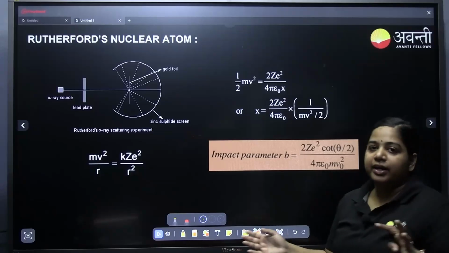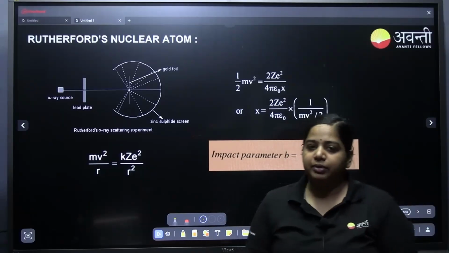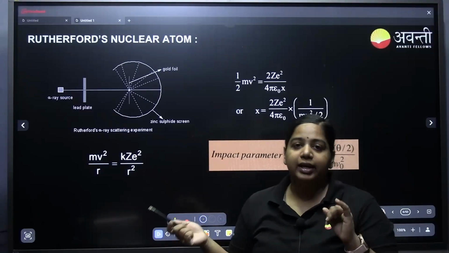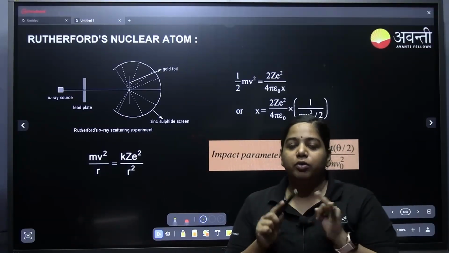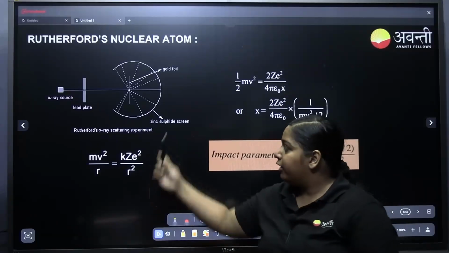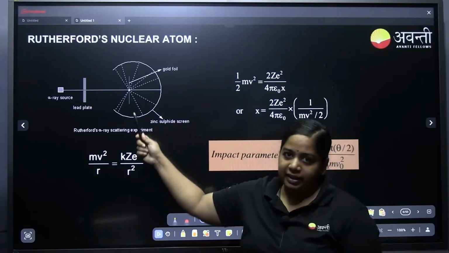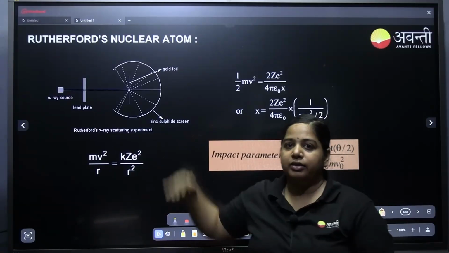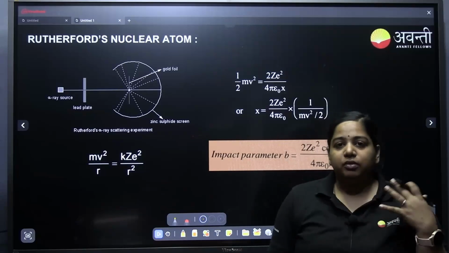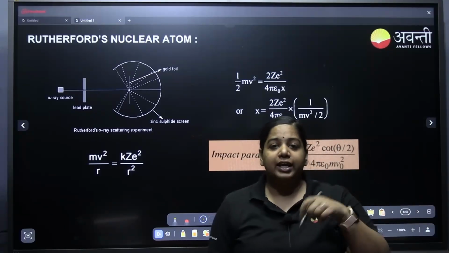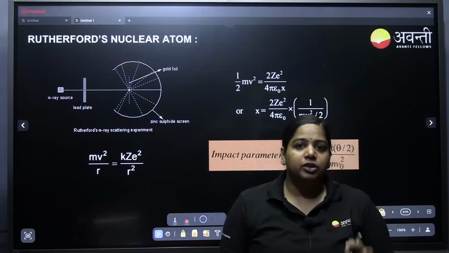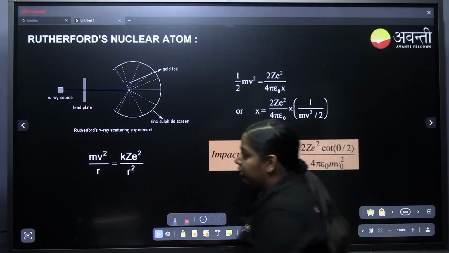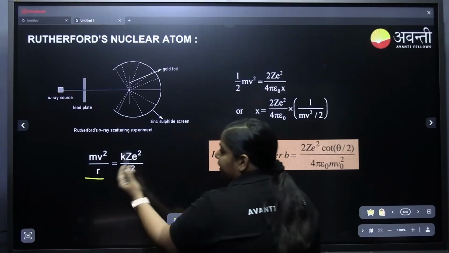Next we are getting into the atoms chapter. In atom, first there is the Thomson model and all, but we are only getting numericals from the Rutherford model and Bohr model. In Rutherford model you know about the scattering experiment, and based on the findings of Rutherford model, electron is orbiting the nucleus. If it is moving in a circular orbit, it should have a centripetal force, right? So centripetal force is provided by what?